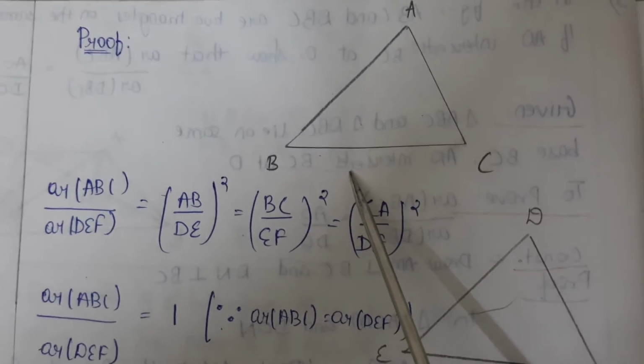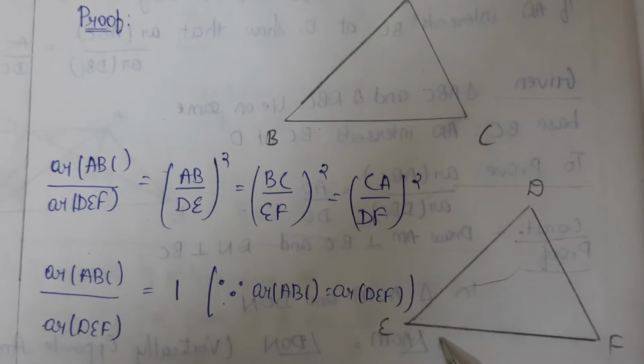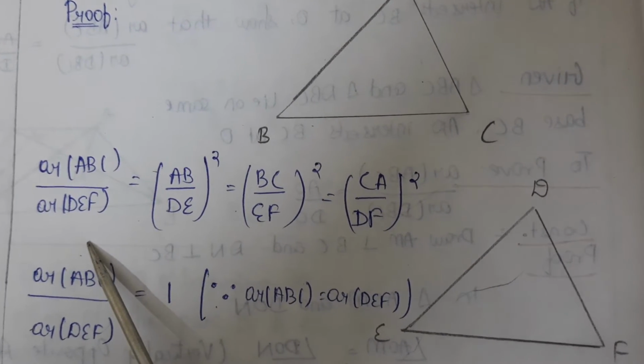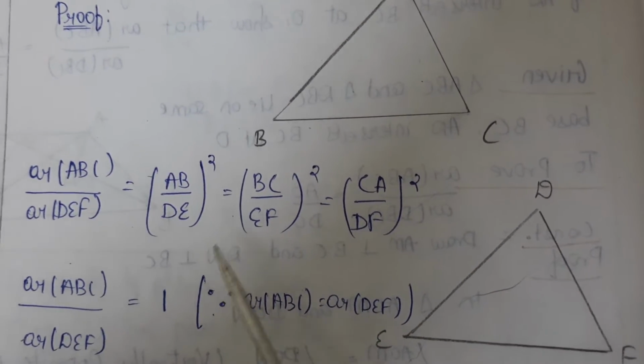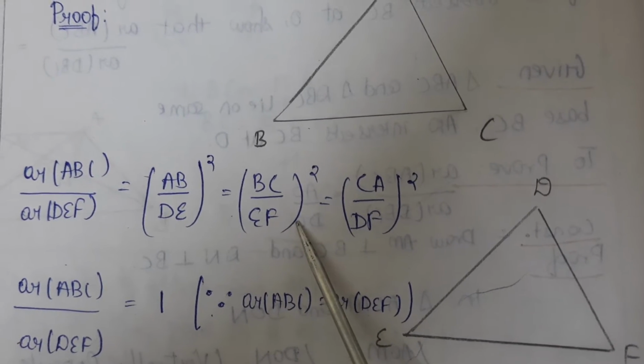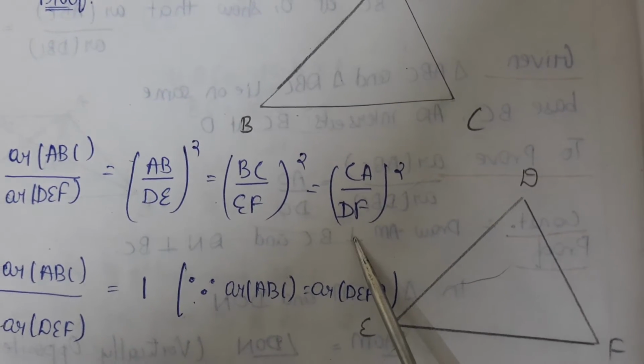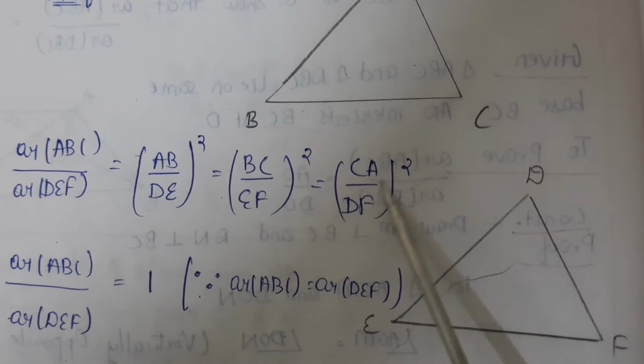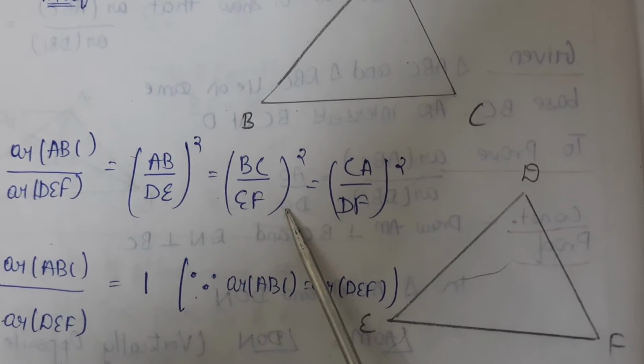Proof: we have taken two triangles, one is ABC and one is DEF. Area of ABC by area of DEF is equal to AB by DE the whole square, equal to BC by EF the whole square, equal to CA by DF the whole square. By the area of similar triangles theorem, we know this is equal to this.